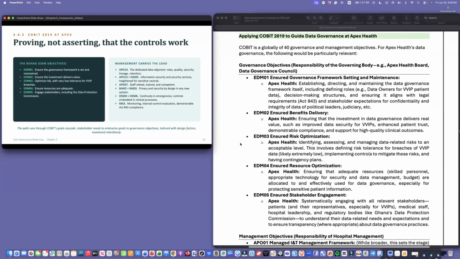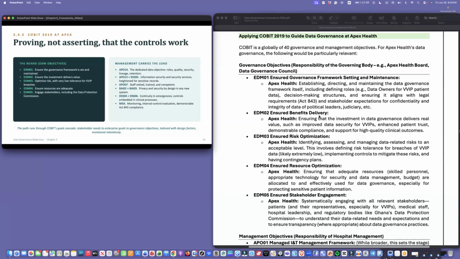So at the governance objective level, which is usually at the governance council, they would ensure that the framework is developed and maintained. They will also show that the framework delivers benefits for the organization in terms of data governance. They will ensure risk optimization based on the level of access and level of risk.